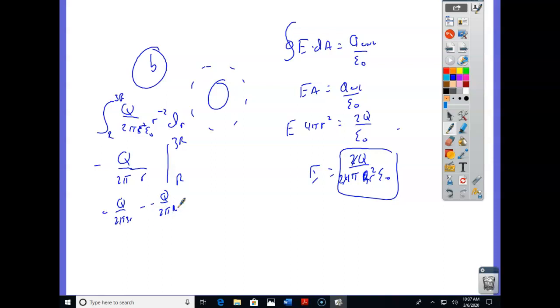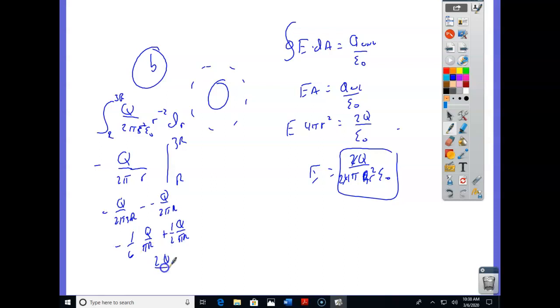Oh, this is 3r. All right. So then I note that I've got a fraction situation here, which essentially this is 1/6 of a q over pi r. This is 1/2 of a q over pi r. And this is negative, so I do a negative minus a positive, I end up with 2/3.